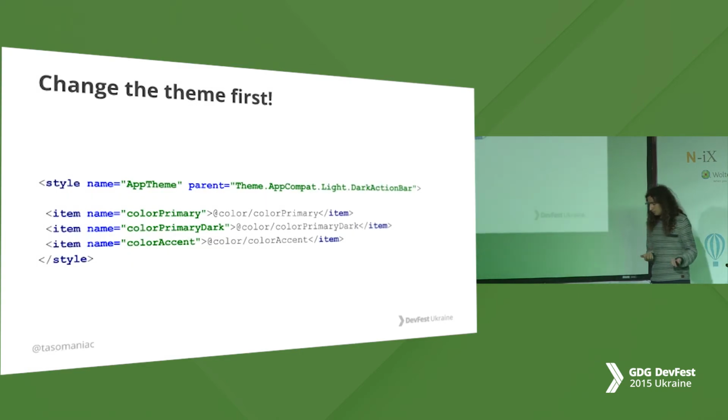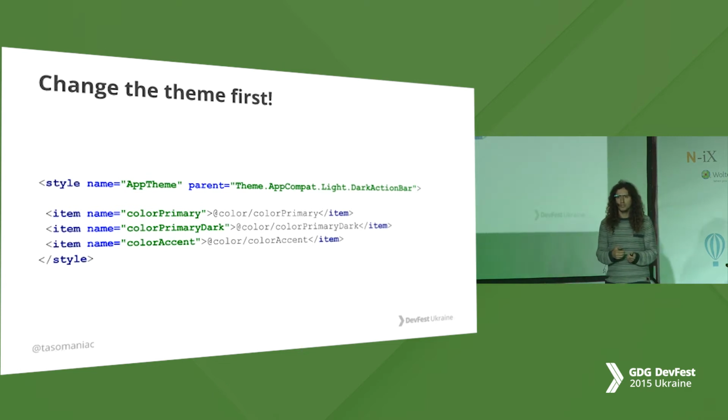So before material design and the new Appcompat library, it was really hard to theme your application in the whole Android world. It was really hard. But after material design, it was not just about the view.